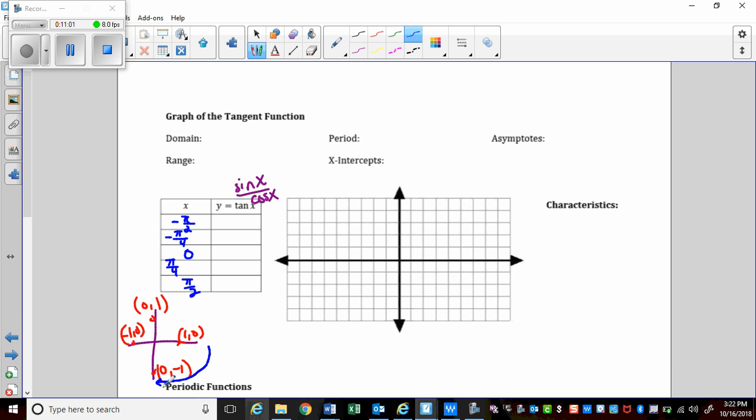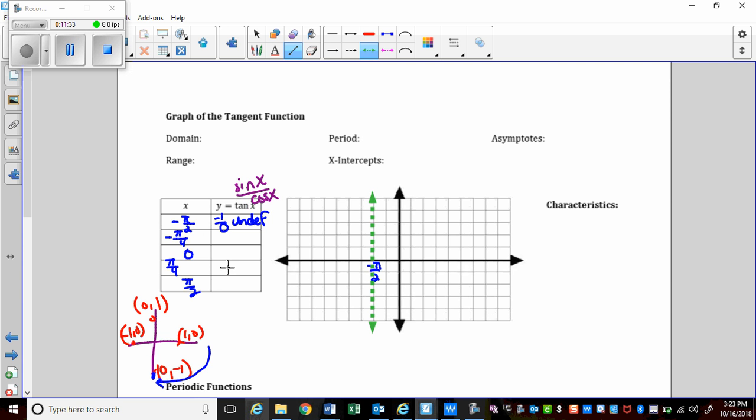Pi over 2 is 90 degrees. So at this point right here, we're at 0, negative 1. And it's sine over cosine. So negative 1 comes first. We're at negative 1 over 0, which is undefined. So at negative pi over 2, there is going to be an asymptote there. Actually, I have a line I can use.